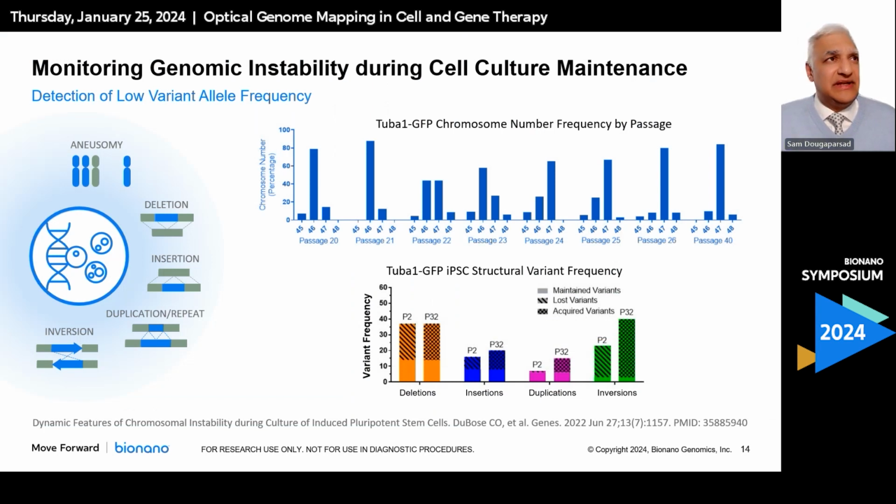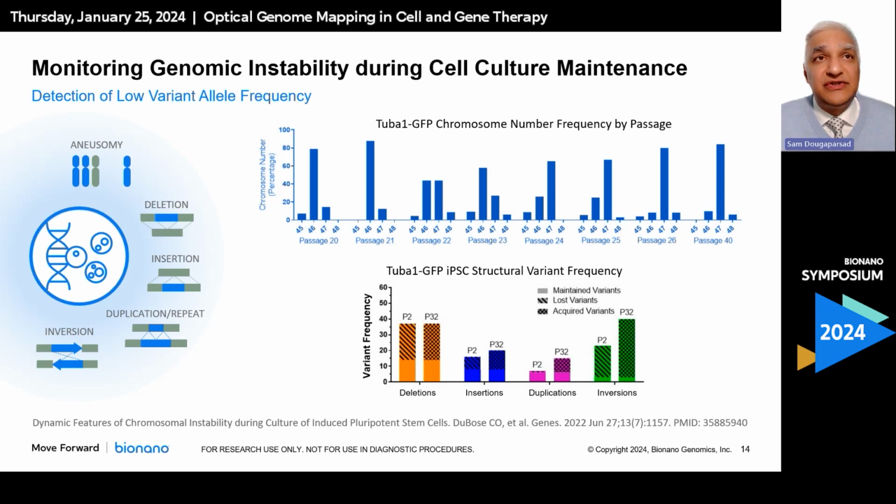So in this example, gradual aneuploidy detection in the TUBA1 GFP cell line is increased with cell passages. As you can see on the top plot, optical genome mapping has been used in order to map these aberrations with extreme precision and with low variant allele frequency detection.